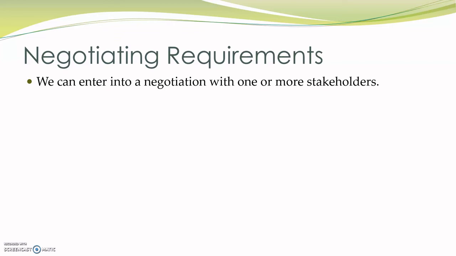The intent of negotiation is to develop a project plan that meets stakeholders' needs while reflecting the real-world constraints. What are the real-world constraints? Time, people, budget. These are the constraints placed on the software team.